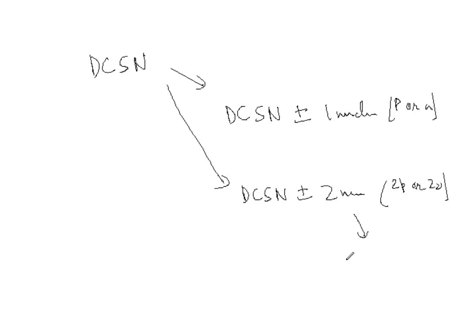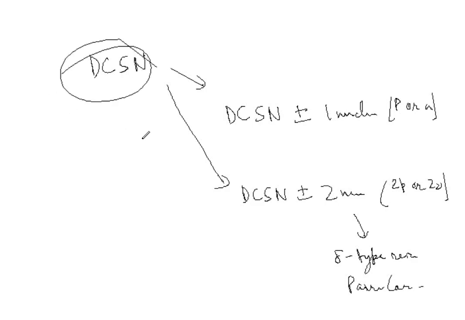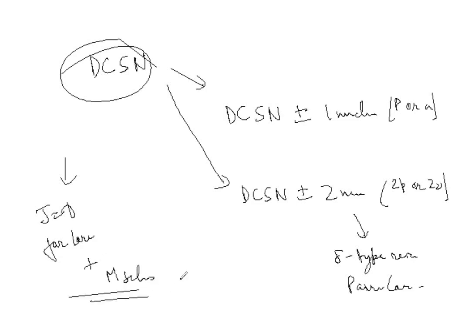And here we have talked about the delta type residual interaction or pairing correlation. So this is what we have done today regarding the doubly closed shell nucleus. And previous to that, we talked about how J is equal to 0 for the core. You can understand this from quantum mechanics and also the M scheme. So that's what we have discussed.